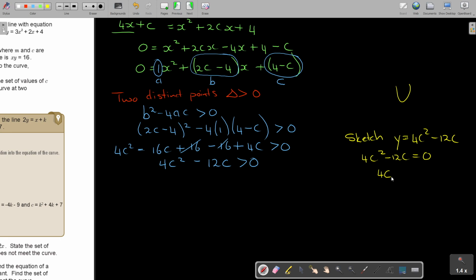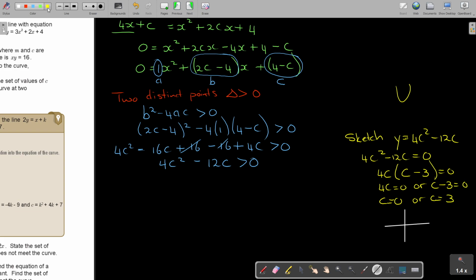So this is going to be, okay, let's rather take 4c out as a common factor. And then it's going to be c minus 3, okay, and that's 0. So 4c equals 0, or c minus 3 equals 0. So c is equal to 0, or c is equal to 3. So if I make a sketch out of it, sketch quickly.